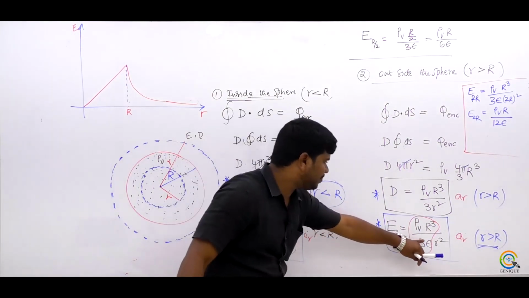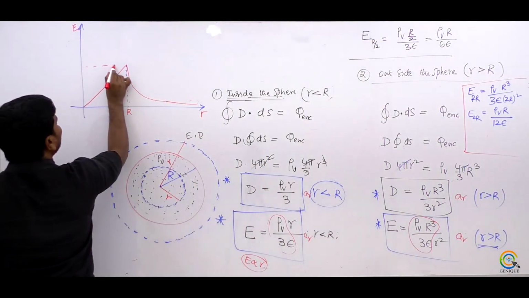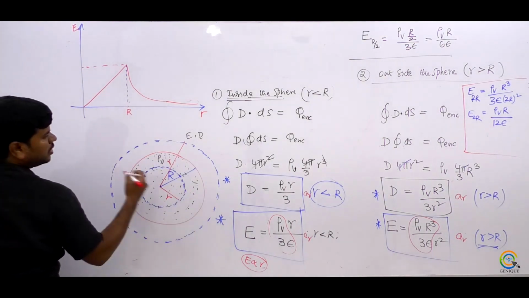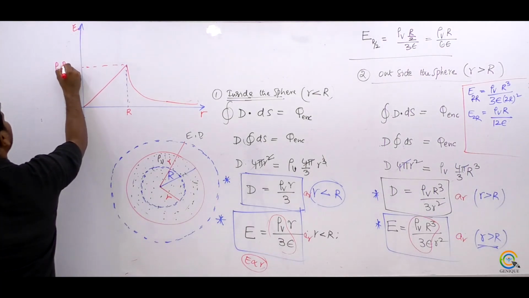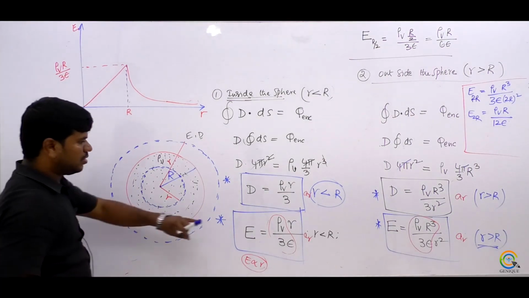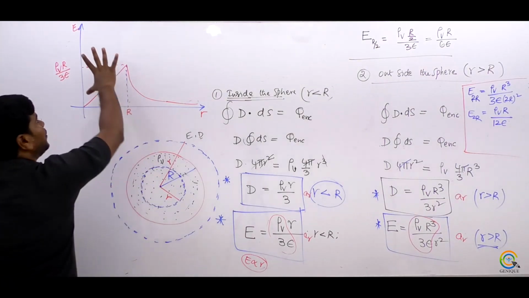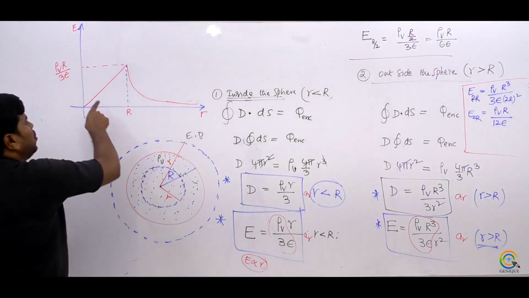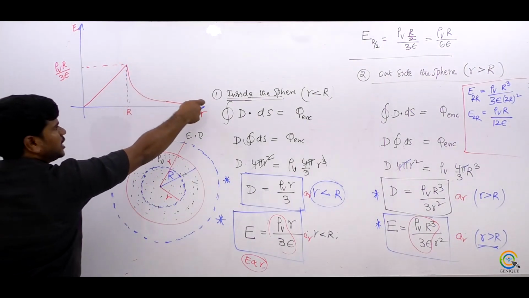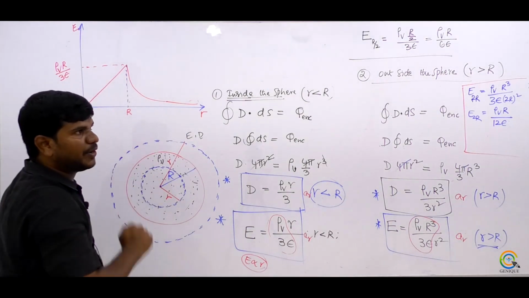So these two become the same, and at r equals R, E is rho v into capital R divided by 3 epsilon. Both the values are the same. This graph is very important. Up to the radius the electric field intensity increases, and after this it decreases. This question is very important.